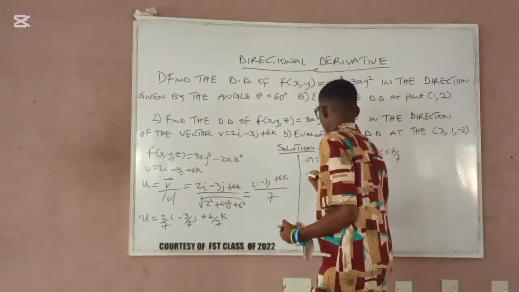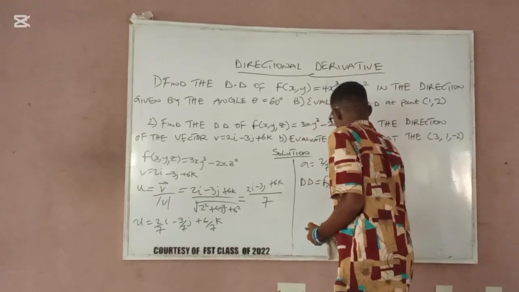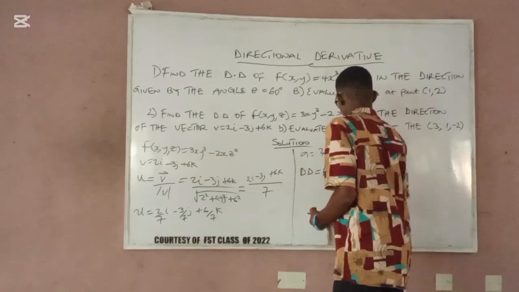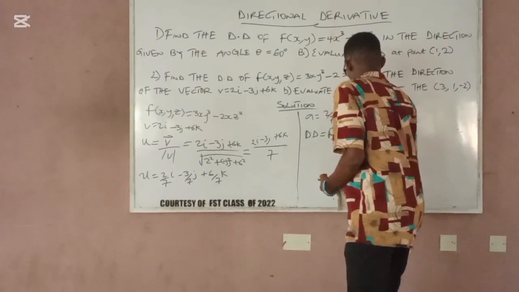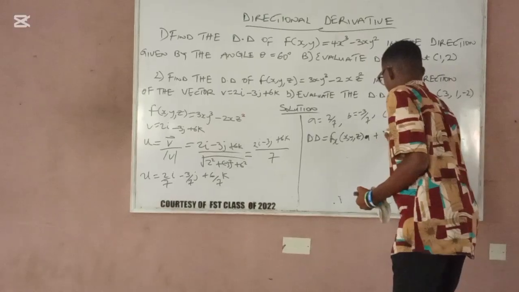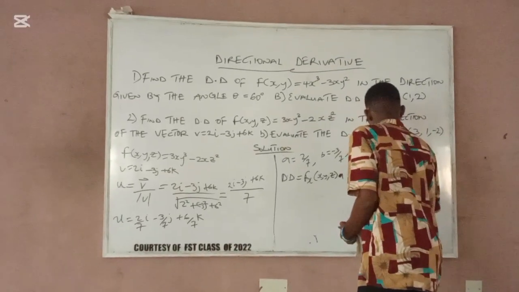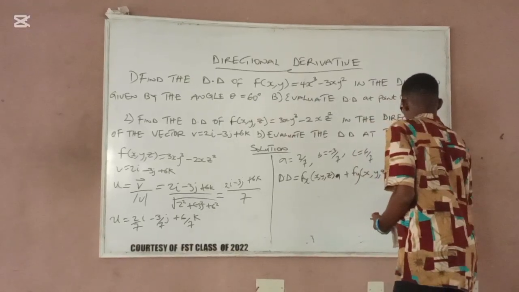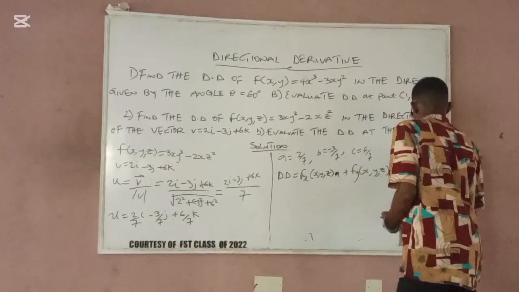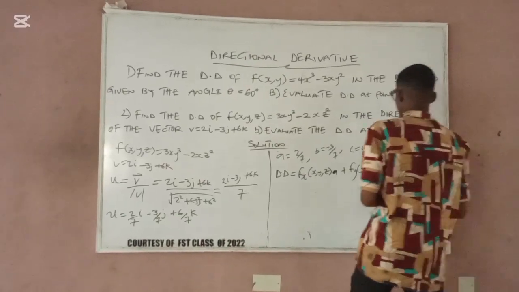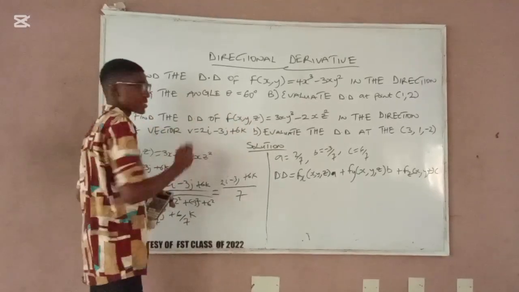So now, to find the directional derivative, DD equals f of x of (x, y, z) times a, plus f of y of (x, y, z) times b, plus f of z of (x, y, z) times c. This has a, b, and c because it has 3 components.